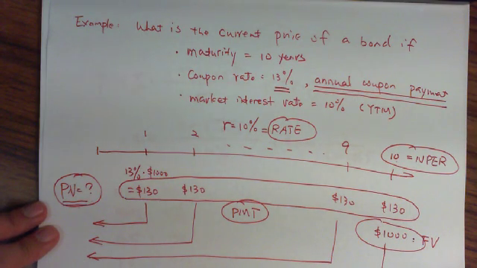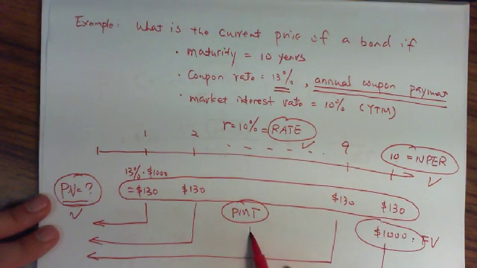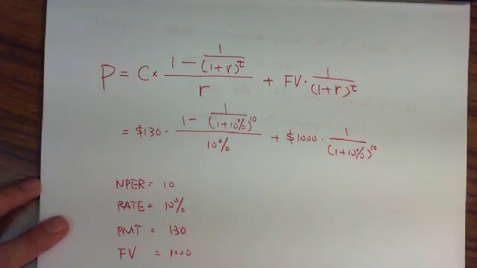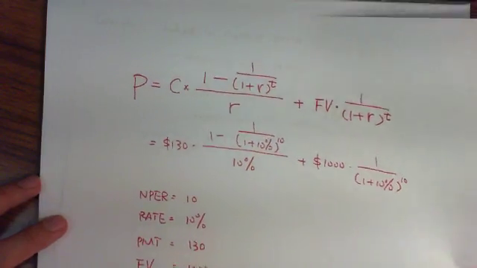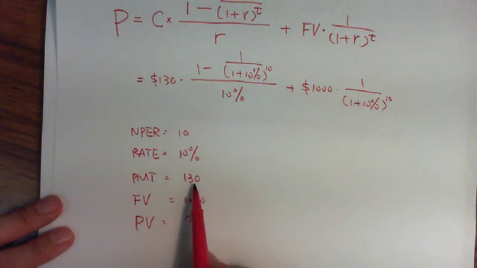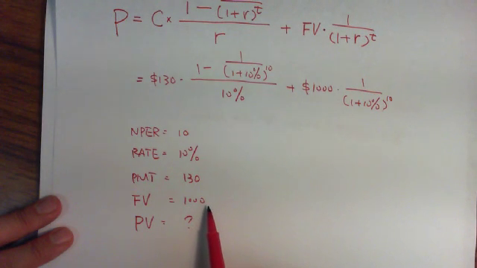So we have 5 elements: PV, NPER, the rate, the payment, and the ending balance. Now, if we know 4 of them, we can find the 5th one. For example, in this example, we have NPER, which is 10, the rate 10%, payment 130, ending balance future value 1,000.